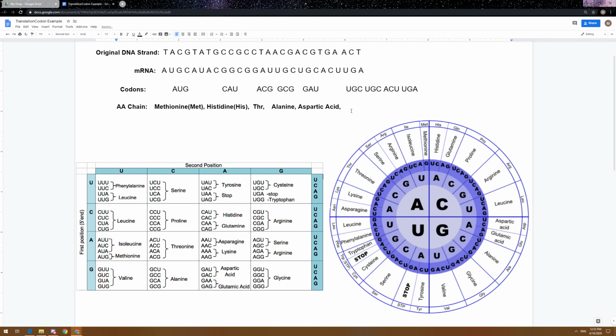UGC is next. Let's go and use the codon wheel for this one. U is our first letter, so we look at the middle and start with the big U. Then move to the second ring. G is our second, so we find that here.